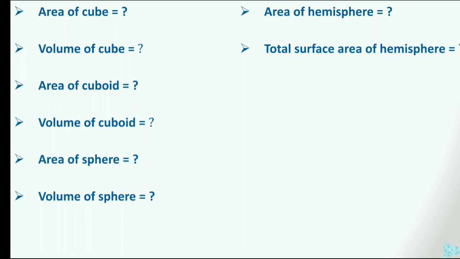Total surface area of hemisphere. It's 3 pi r square.